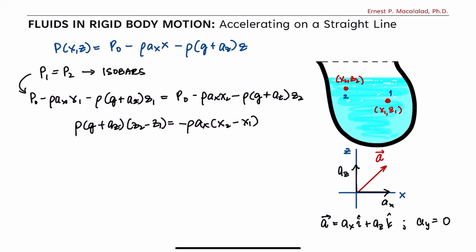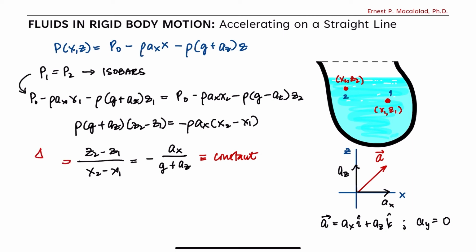This gives us z2 minus z1 over x2 minus x1 equals negative ax over g plus az. Because ax, g, and az are all constants, this ratio is a constant. And what does it mean?